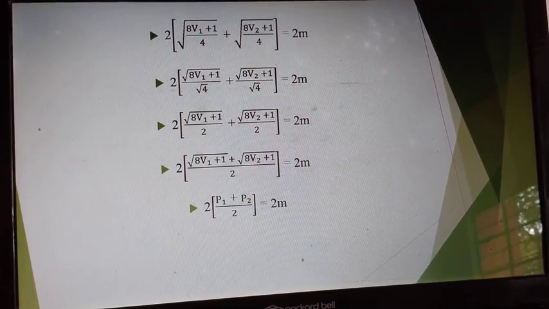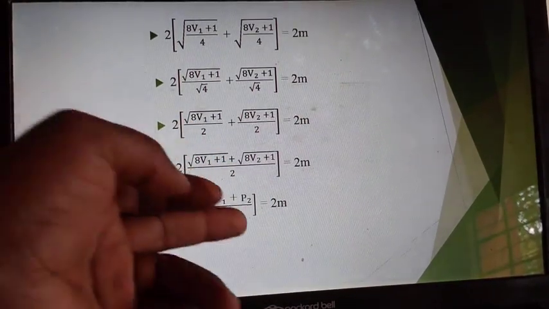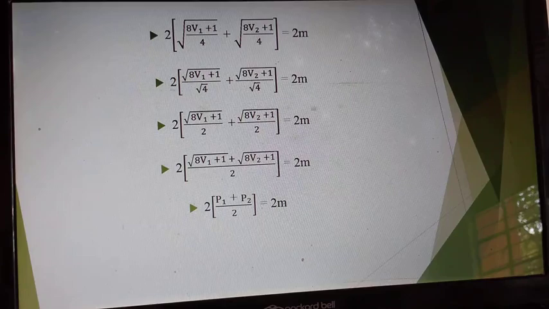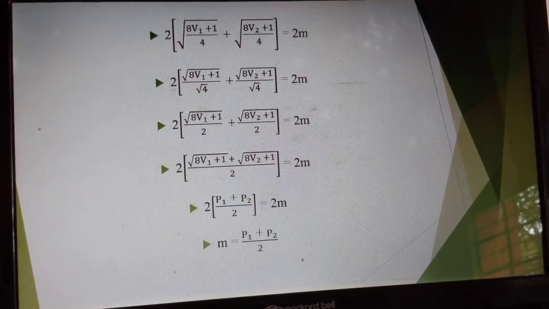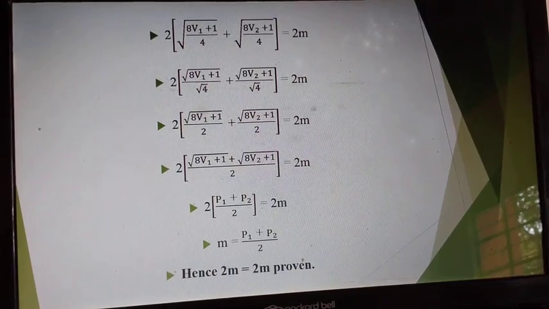Now remember, we have 2 outside, and we also have 2 on the other side. So that simply means P1 plus P2 divided by 2 is equal to m. So m is equal to what we have inside. If that is true, it means the proof has been given, or should I say we have proven the Goldbach conjecture.